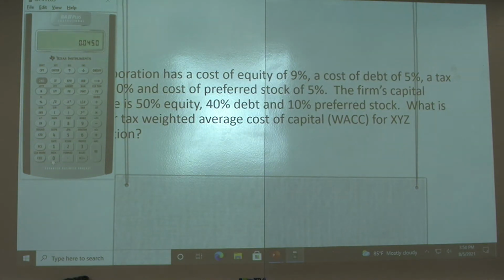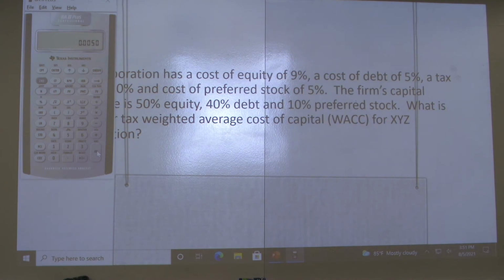Plus our cost of debt, which in this case is 0.05, and then we can take out our tax deductibility, so that means it's actually times 0.8, times 0.4, so that is 1.6%, plus our weighted cost of preferred stock, which is 0.05 times 0.1, so that is 0.5%.